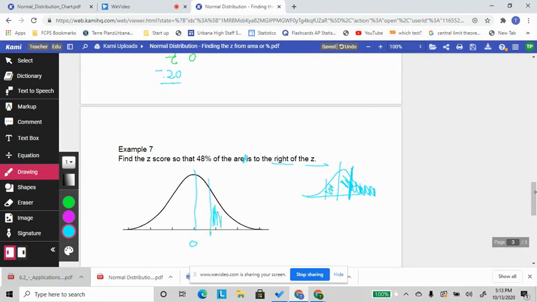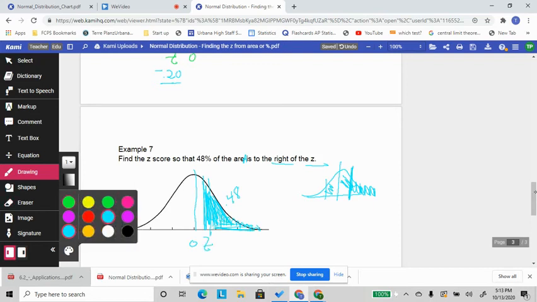Okay, so 48%, well, it should actually be even more than that. It should be closer into 50, right? So 48% is to the right of the z. So our z is going to be here, and 48% is to the right. All right, add our two zeros.